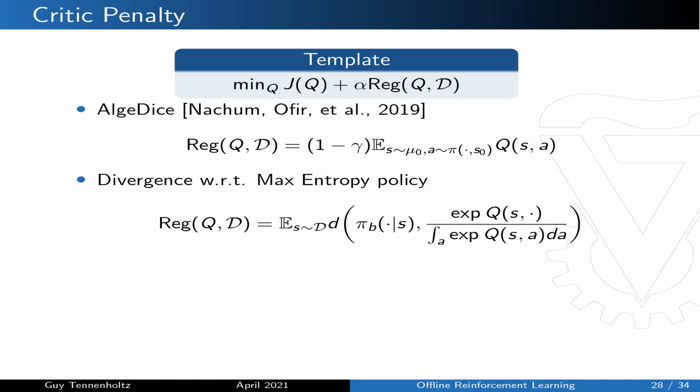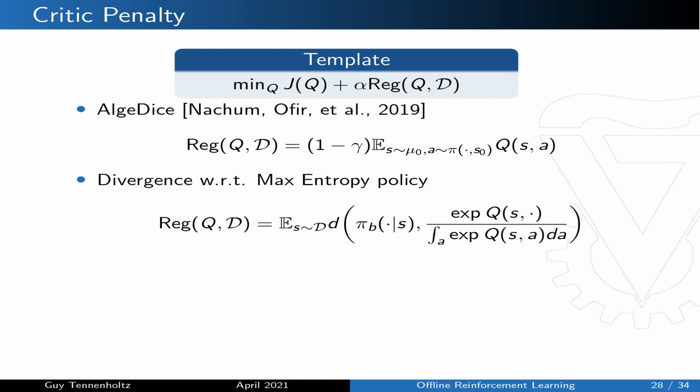Another family of regularizers we could use is adding a discrepancy between the behavioral policy and our policy in terms of maximum entropy. It's known that the maximum entropy policy can be written in terms of the Q function as the exponent of the Q function over the integral over all the actions, and that is actually our policy in terms of the Q function.